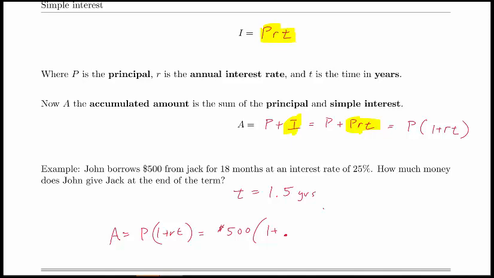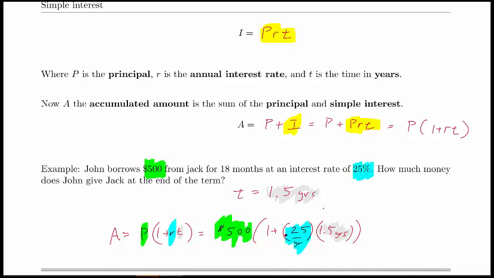And note that for the rate, I don't put 25, I put 0.25, and T is 1.5 years. And that's 0.25 per year. So you notice how the units will cancel out. All that we'll be left with is years. So P, that's the 500, and we put that there. So make sure you see that. And then the R, 0.25 comes from there. And of course, 1.5 years, that's the T coming from right there.